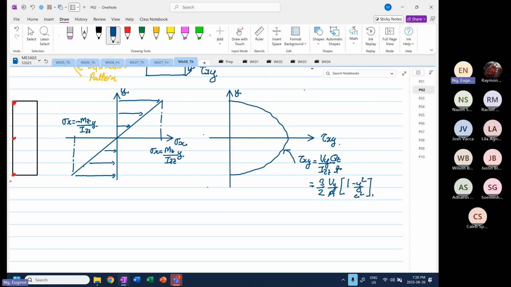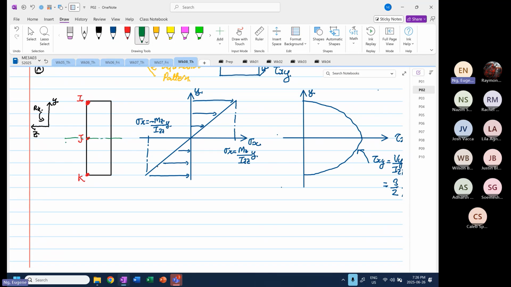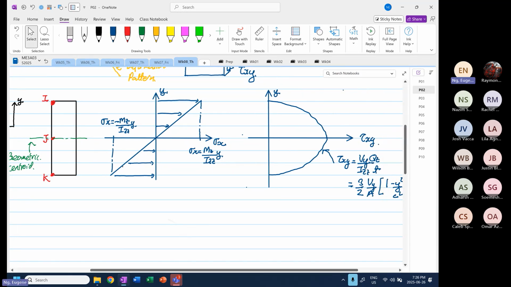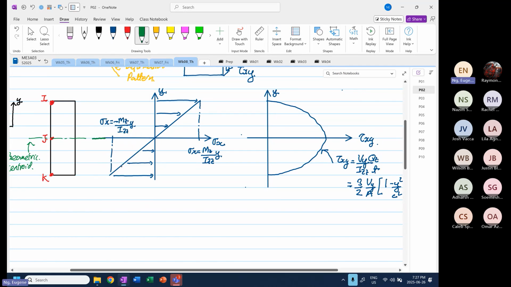So what's so interesting about this? Now, if I draw a line over here, this is known as our geometric centroid. I'm going to draw it in a dark, thicker green. On this axis is where our geometric centroid is. Why is this interesting?